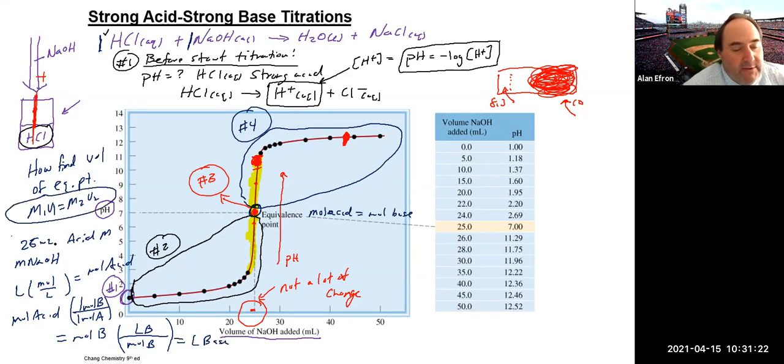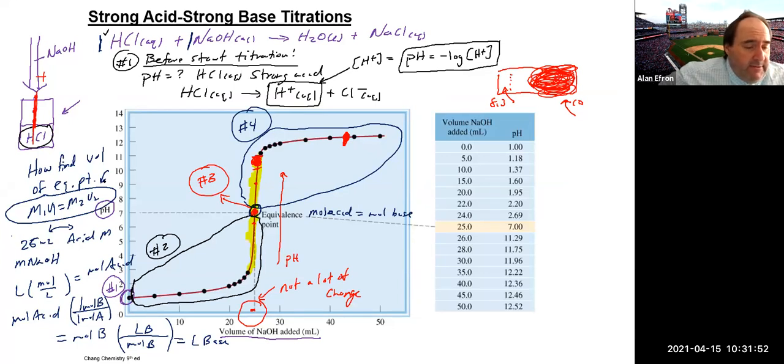So that's really what this calculation is doing. It's basically a stoichiometry calculation, depending on what you're given. You could be given the molarity and the volume of the base and just the molarity of the acid. There are a couple of different ways you could do it, but basically it's a stoichiometry problem. You could use M1V1 equals M2V2 as long as it's a 1-to-1 relationship between the acid and base. If it's not one-to-one, then you cannot use that.